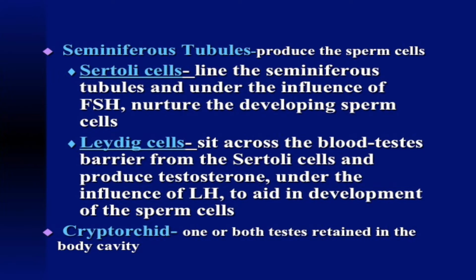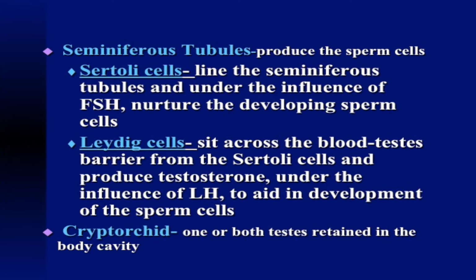Sometimes one of the problems we'll have in males, intact males, is they may be cryptorchid, which means one or both of the testes are retained inside the body cavity. So they did not descend prior to birth. They didn't descend outside that body cavity into the scrotum there.